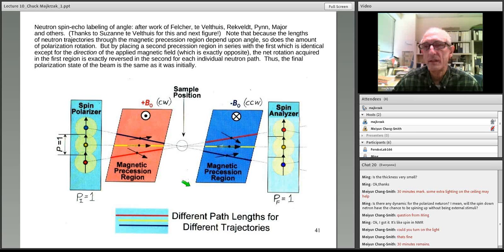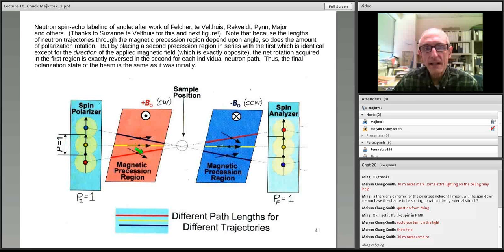And this is called spin echo. So if you have listened to Professor Richter's lecture, you will know about this already. But this is just the basic idea of spin echo. So I can have a very divergent beam, have these neutrons precess all over the place depending on the angles that they're incident at, and then put them all back together.